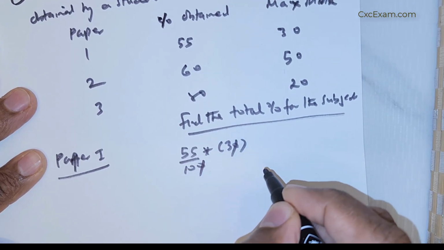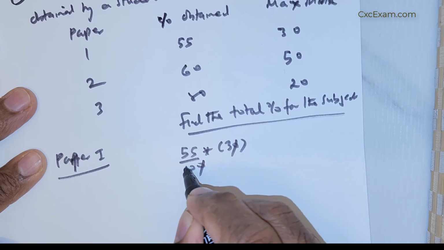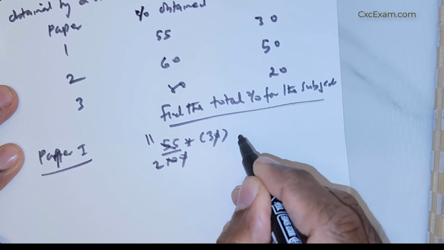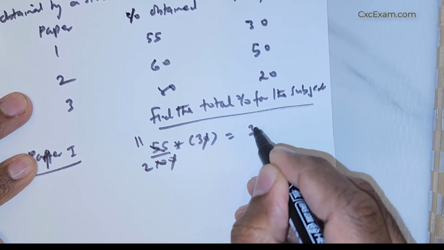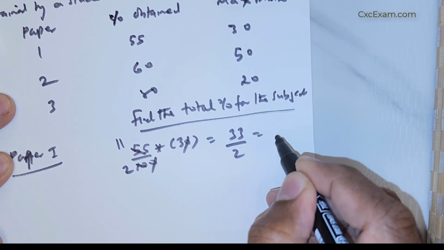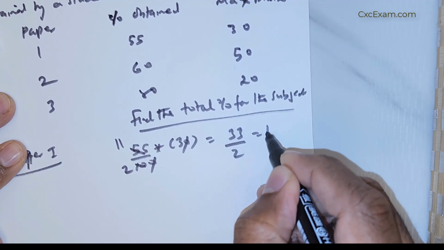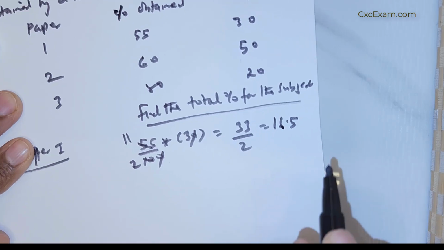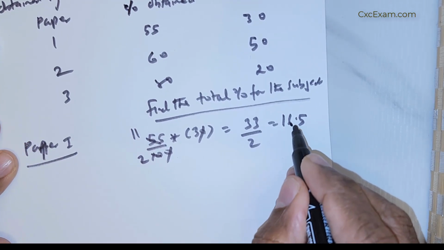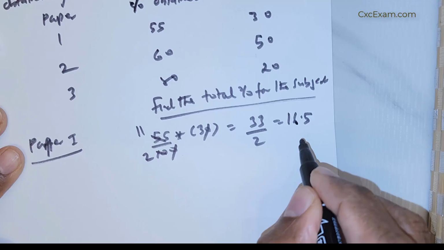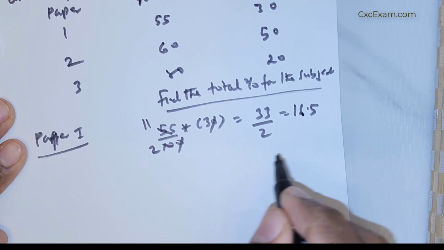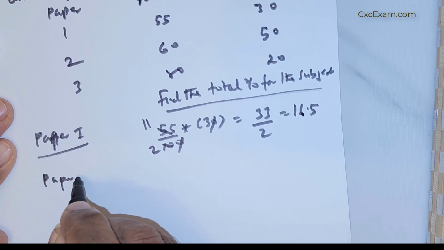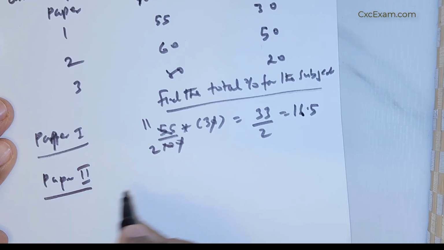So you can cancel these two things. 5 will divide 2 times, 5 divides 11 times, so this is 33 divided by 2, so which is going to be 2 divides 1, 6 2s are 12.5, so 16.5 is the score that the student actually gets for paper 1.